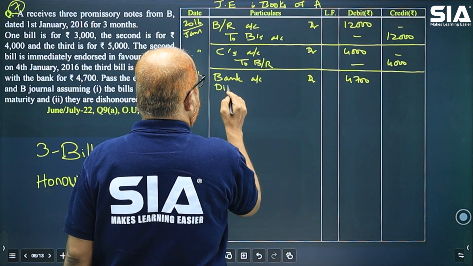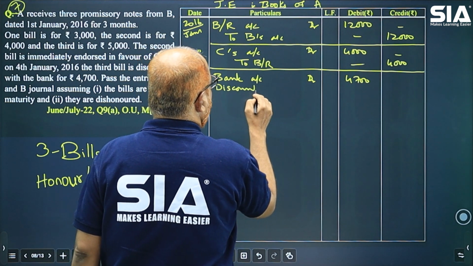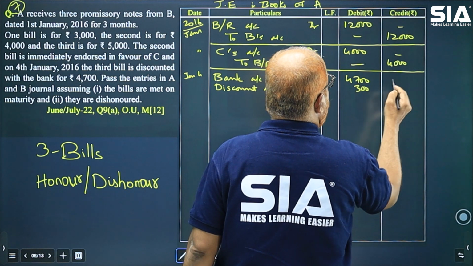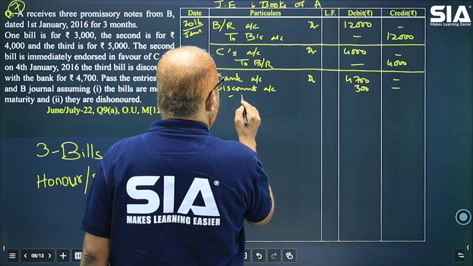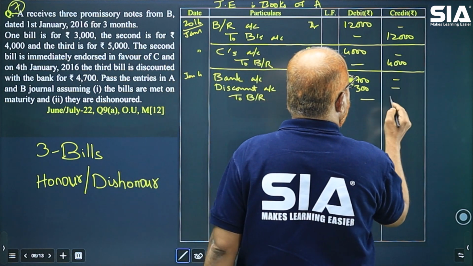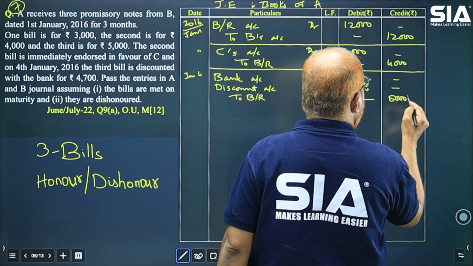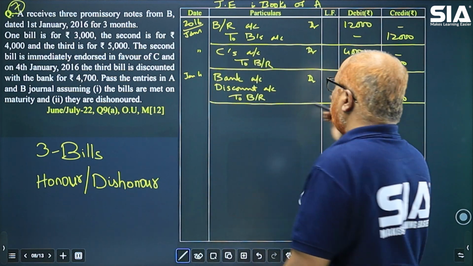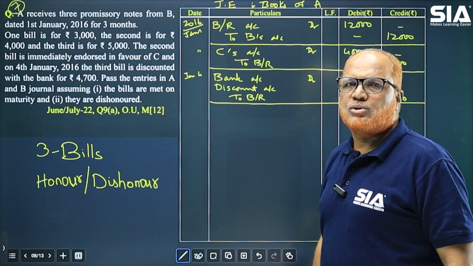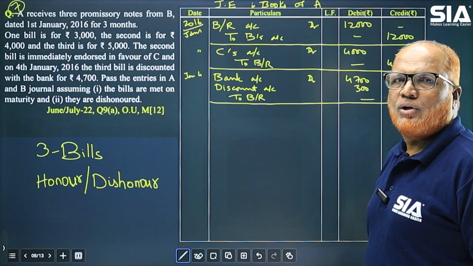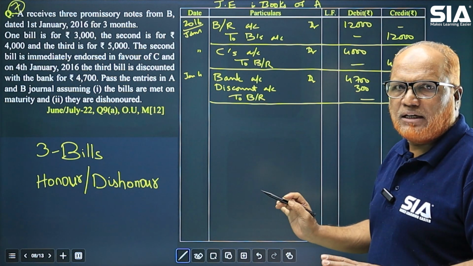So discount account 300. And to bills receivable, it is 5,000. Narration: being the third bill of 5,000 discounted with the bank. That's all.